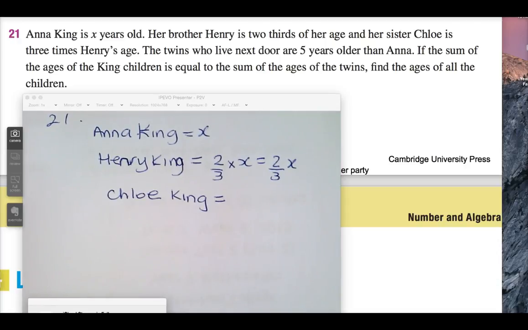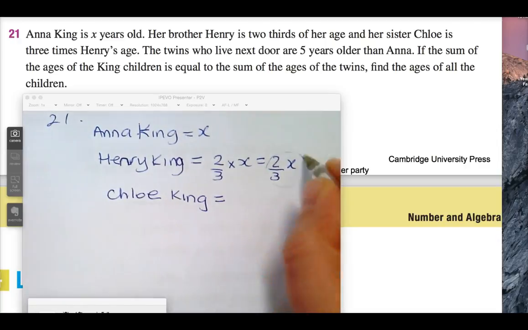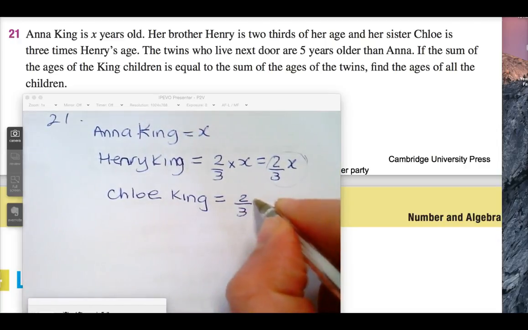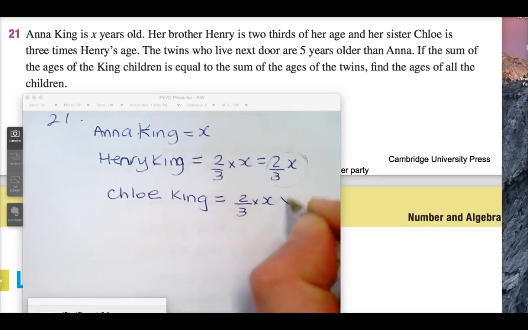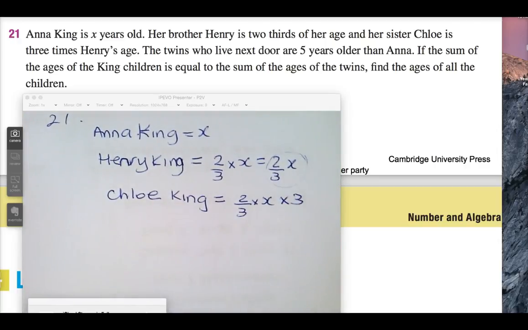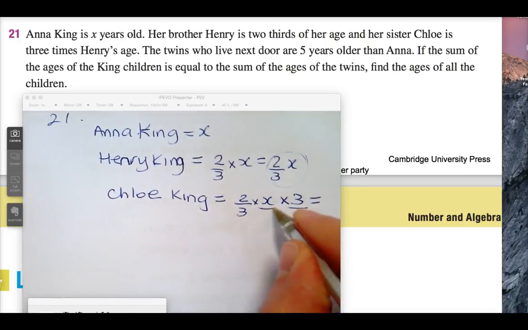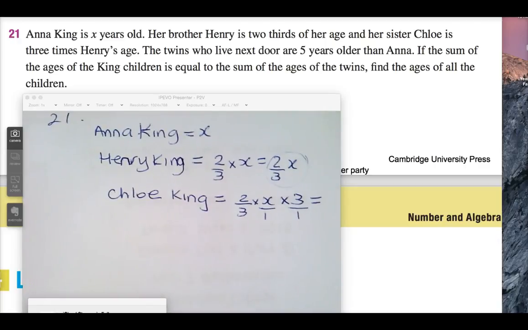Chloe is 3 times Henry's age. What am I going to do? 2/3 x times 3. Girls, what do you think's going to happen here? I'm going to put this over 1 and that over 1. What's going to cancel? 2/3 times x times 3.